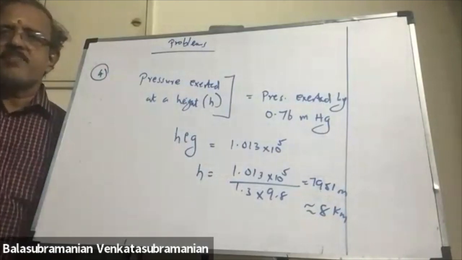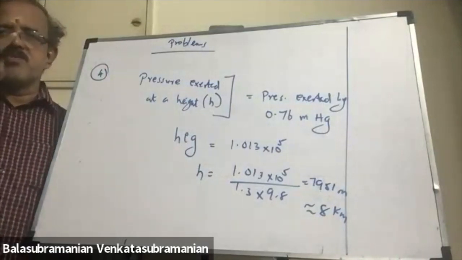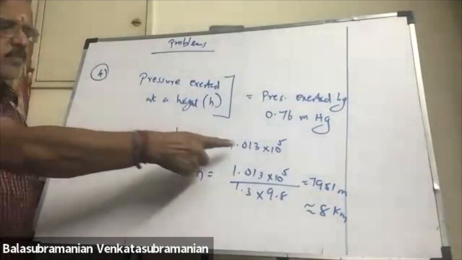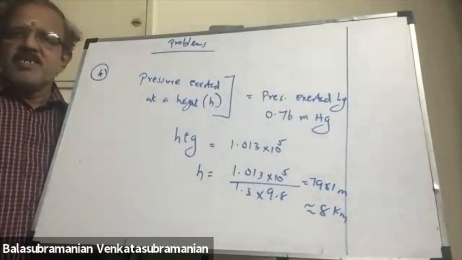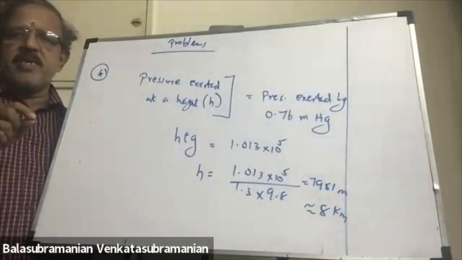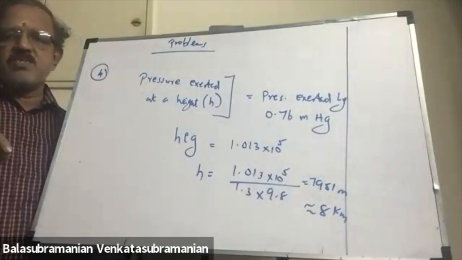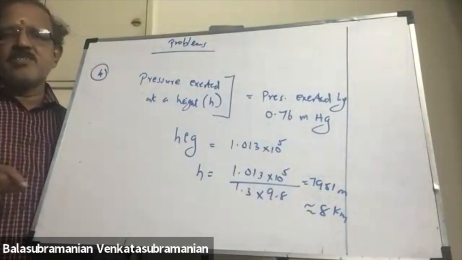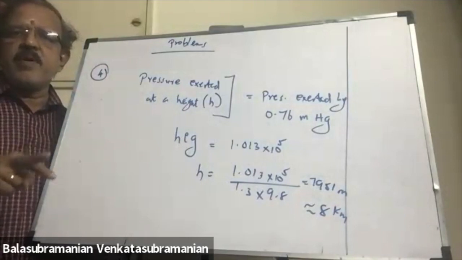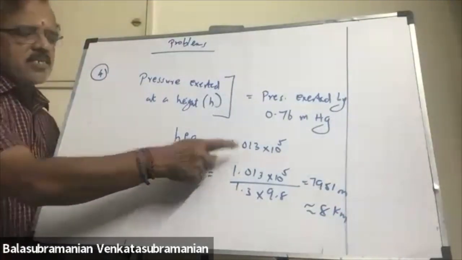Correct? Straight problem. Pressure is equal to h rho g formula. Here atmospheric pressure we have substituted, 76 into 10 power minus 2 or 0.76 into rho, density of mercury, into g 9.8 multiply, you will get this answer.